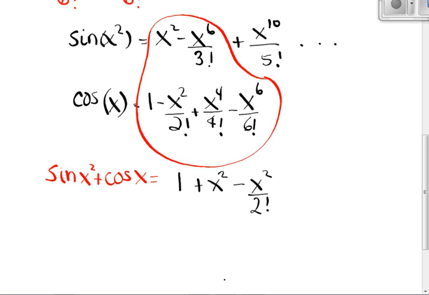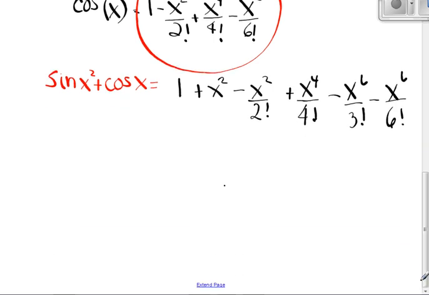Let's get it written out. Plus x to the 4th over 4 factorial, minus x to the 6th over 3 factorial, minus x to the 6th over 6 factorial. So that's where your problem is. The term is determined by the x's. So if I factor out x squared, I'm left with 1 minus a half.